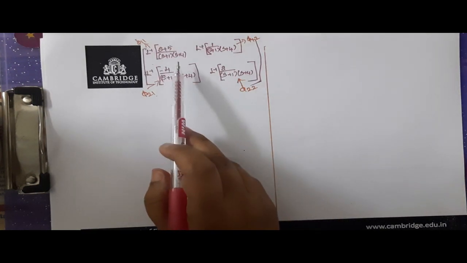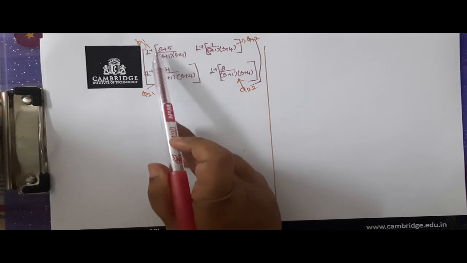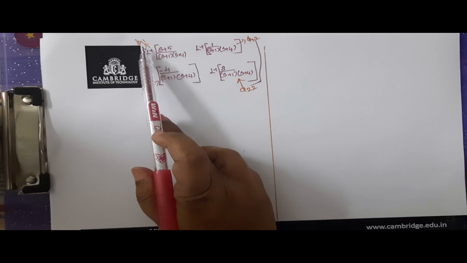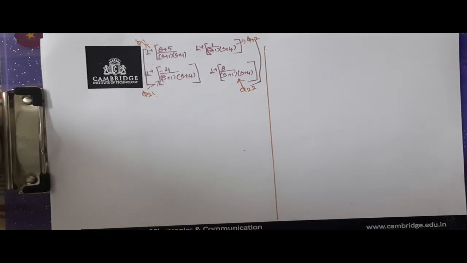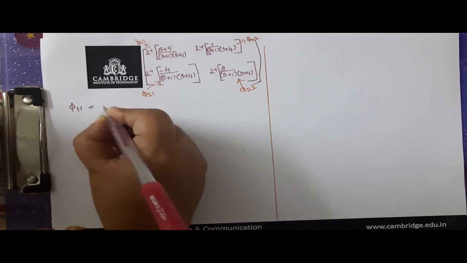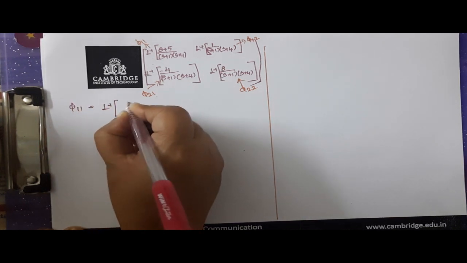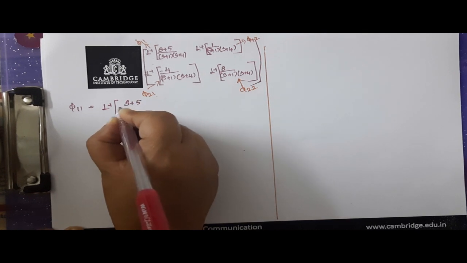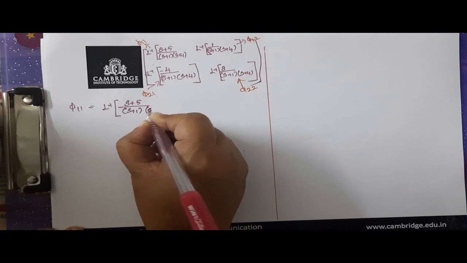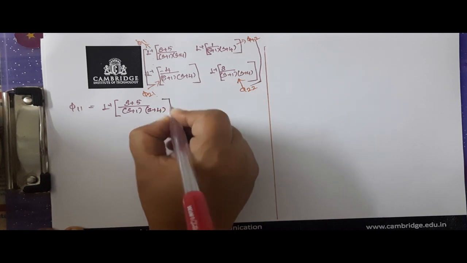In continuity with the previous sheet, first let us do the partial fraction and then take the inverse Laplace transform and find phi 1 1. So we can write phi 1 1 is given by L inverse of (S plus 5) divided by (S plus 1) into (S plus 4).